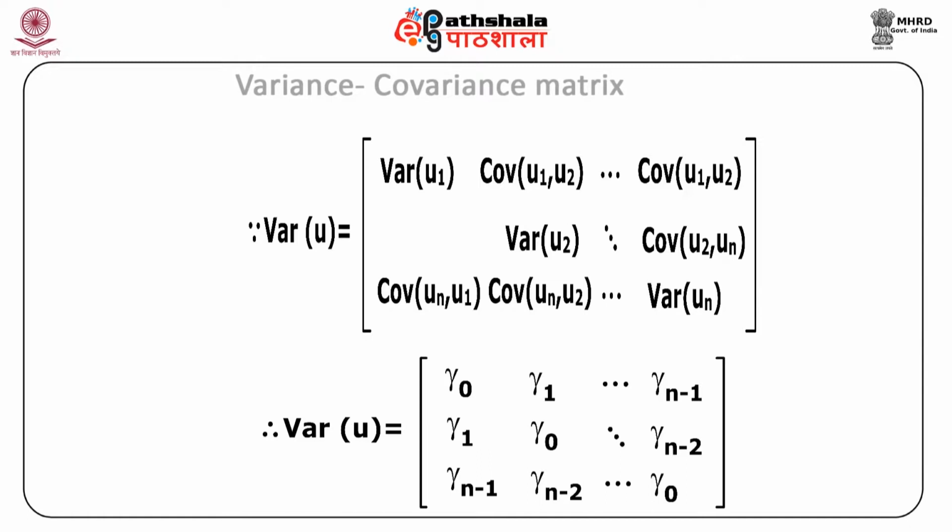And the last row in the matrix is the covariance of un, u1, the covariance of un, u2, up to the variance of un. So in this matrix, you can see that on the diagonal we have the variances of u1, u2, un, and in the off-diagonal elements we have covariances.